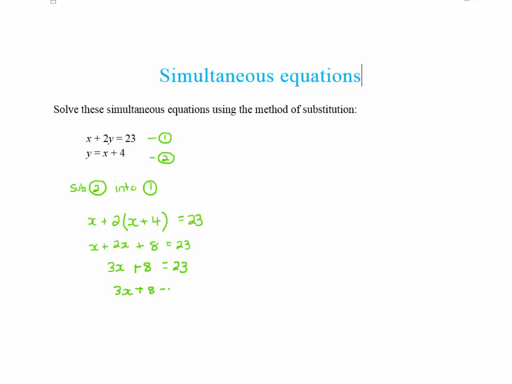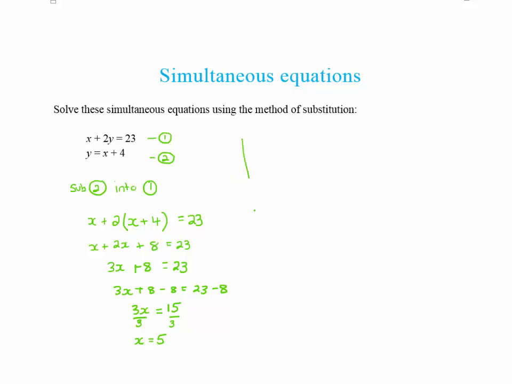So plus 8 minus 8 equals 23 minus 8. And when I work that out, I get 3x equals 15. And then I want x by itself, so I'm going to divide both sides by 3. And I end up with x equals 5.